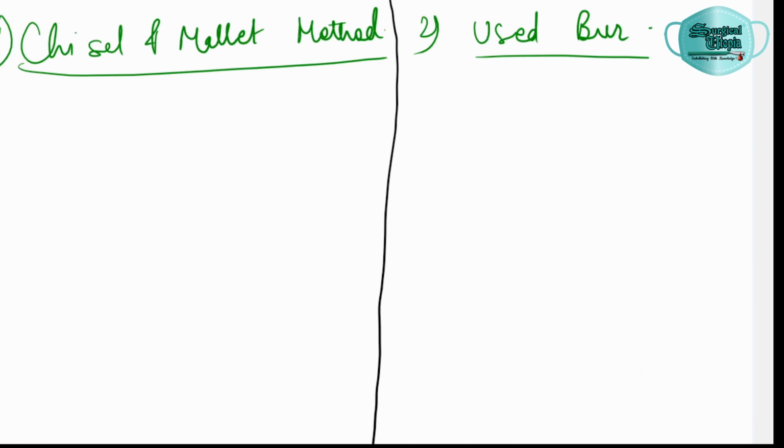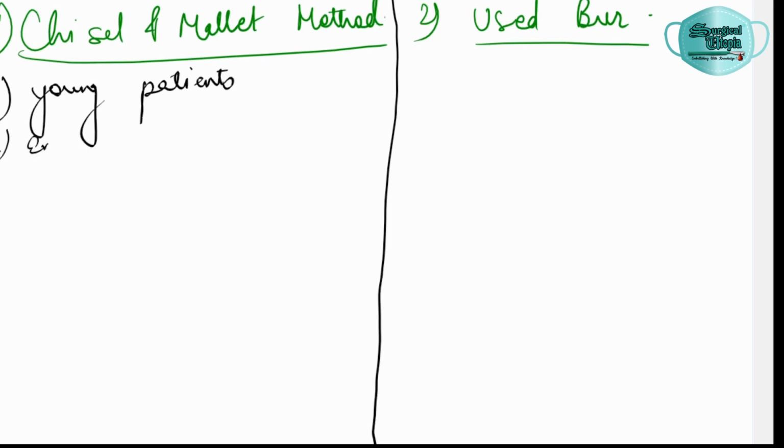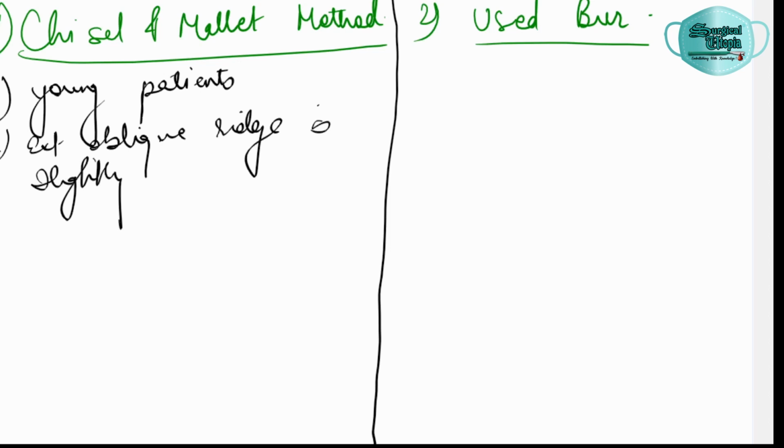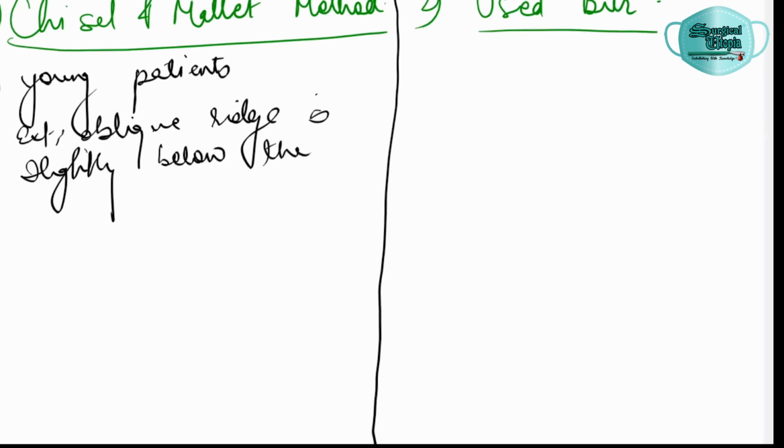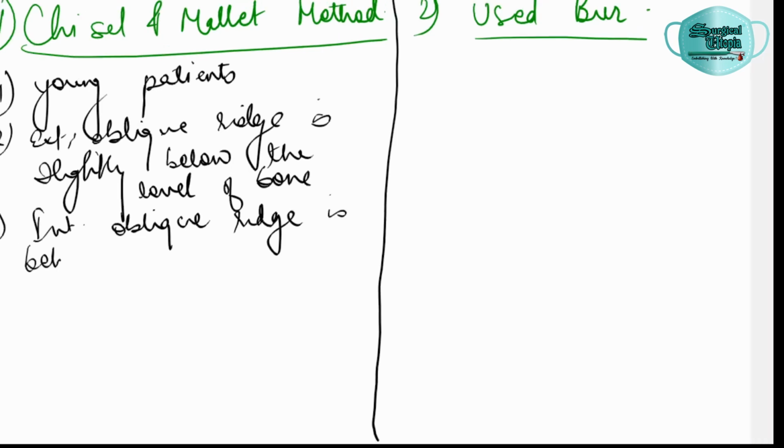The indications for using this method: first, in cases where you have to operate on young patients, because in young patients the bone is elastic and well-defined grains are present in the bone. Second, in cases where the external oblique ridge is slightly below the level of bone enclosing the third molar. Third, in cases where the internal oblique ridge is at least slightly behind the third molar.